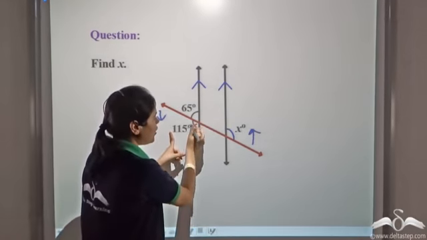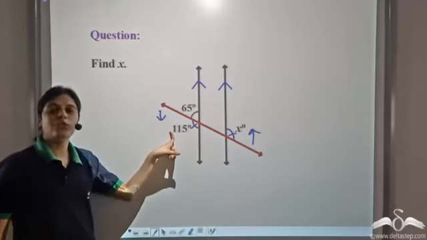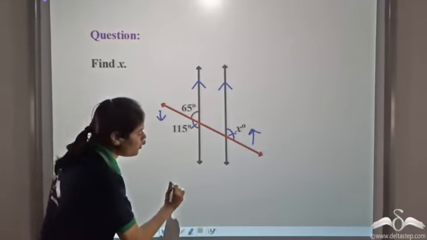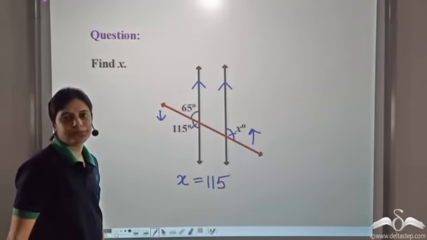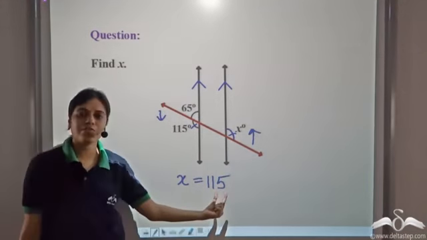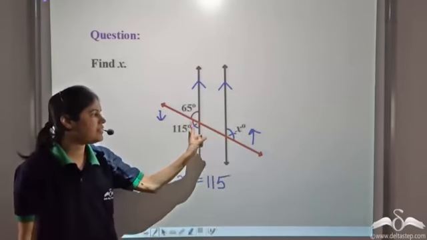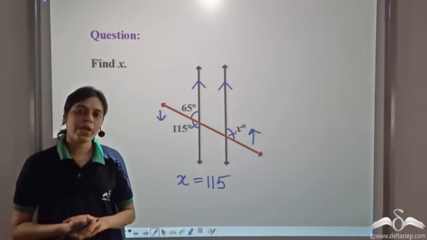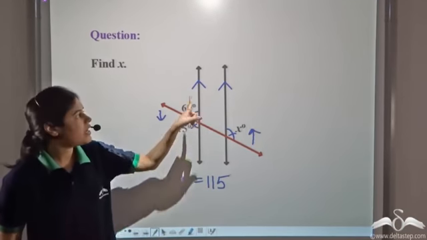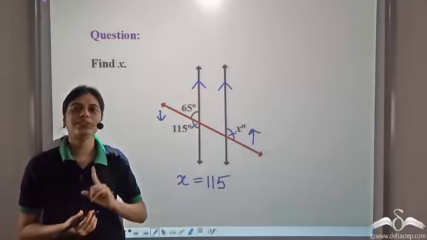So we can say that 115 degrees is equal to x degrees, or x is equal to 115. So the value of x is 115 because this and this form a pair of alternate exterior angles. So a pair of alternate exterior angles in case of parallel lines is equal.